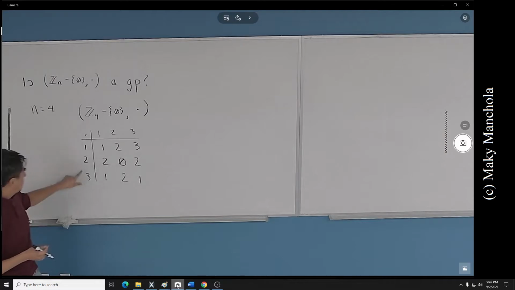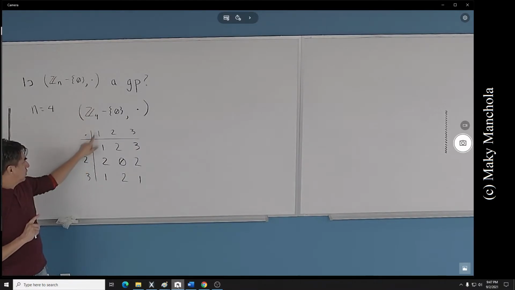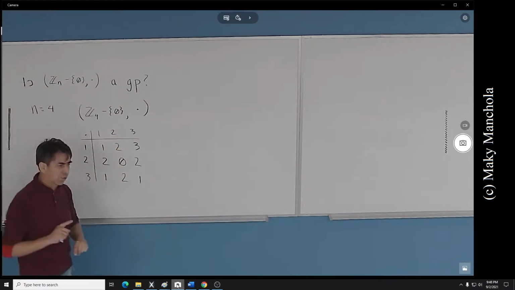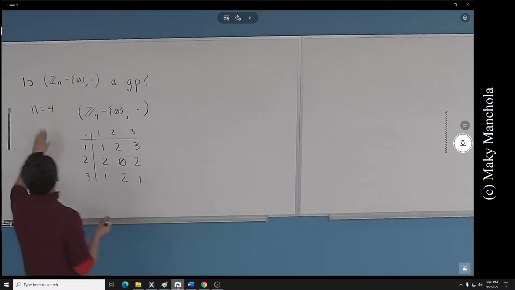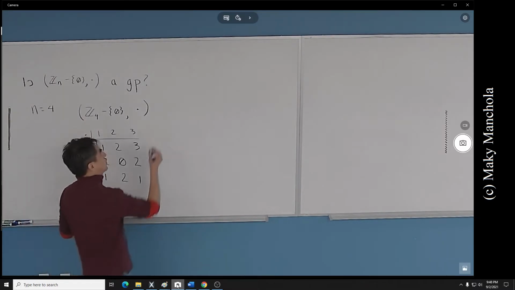Furthermore, the element 2 in our set does not have a multiplicative inverse because 2 times 1 is 2, 2 times 2 is 0, 2 times 3 is 2. You never get 1 out of that. So when n equals 4, this structure is not a group.